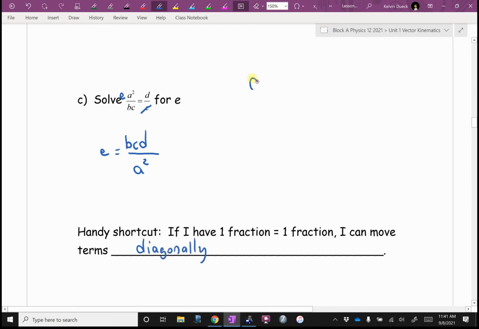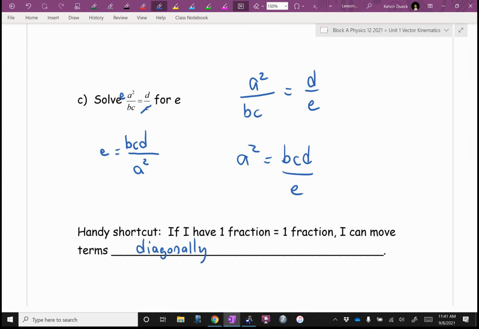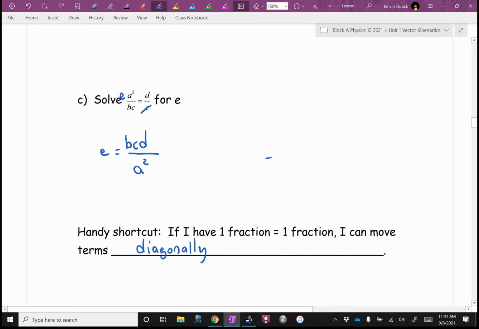In other words, A squared over BC equals D over E. I could also write that as A squared equals BCD over, I can move the BC up diagonally. I can move the A squared down across diagonally. I can move the E up across diagonally. Stuff moves diagonally. That can be handy this year, because we'll have a couple of big fraction equations this year.